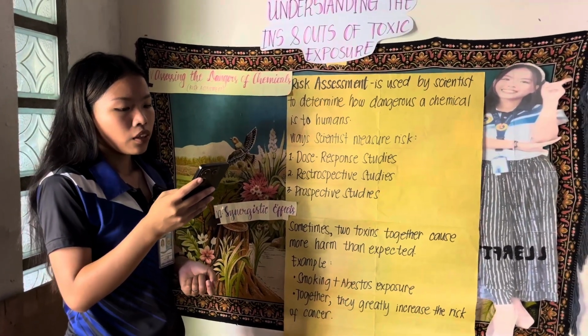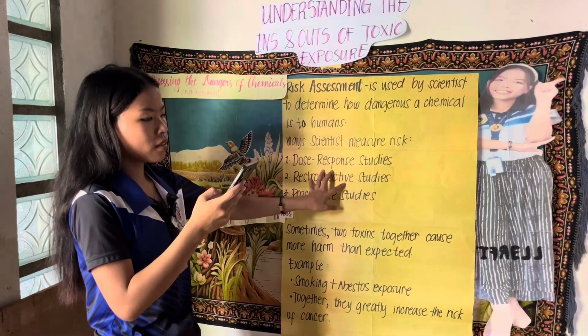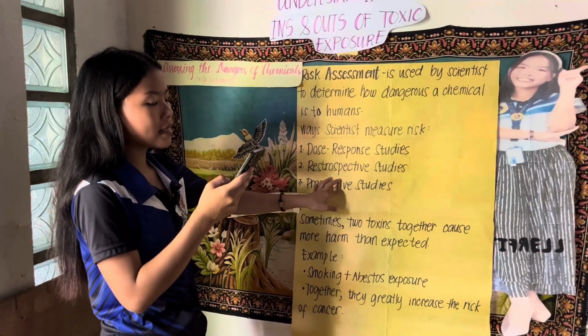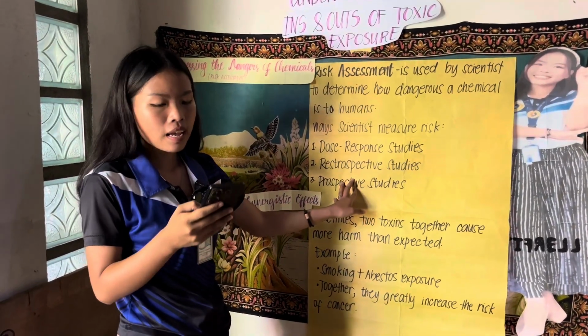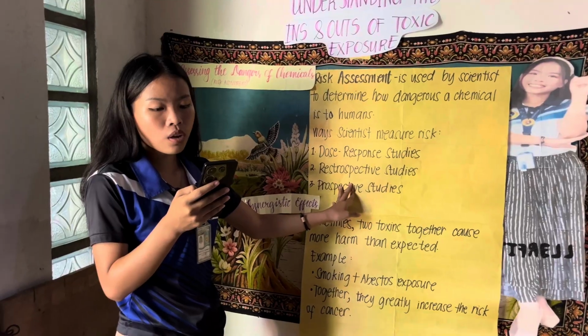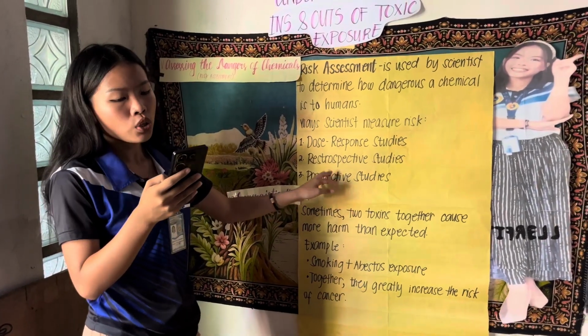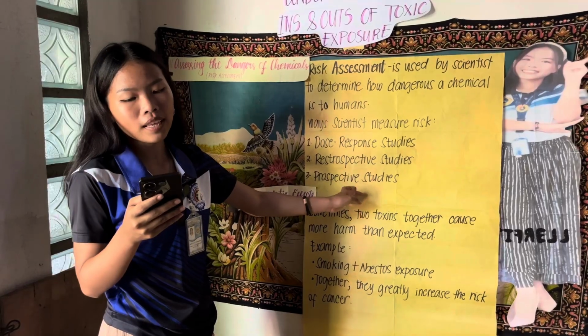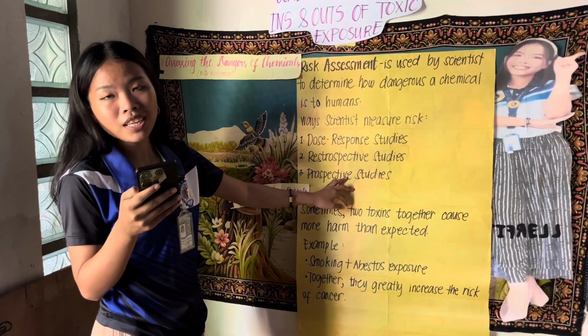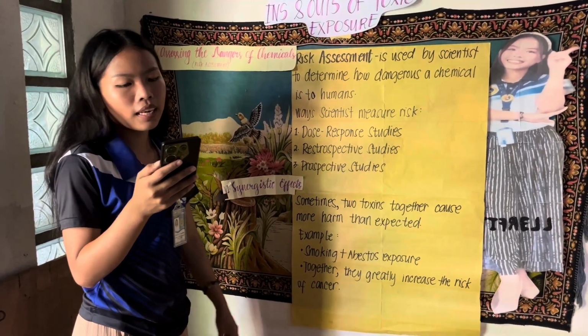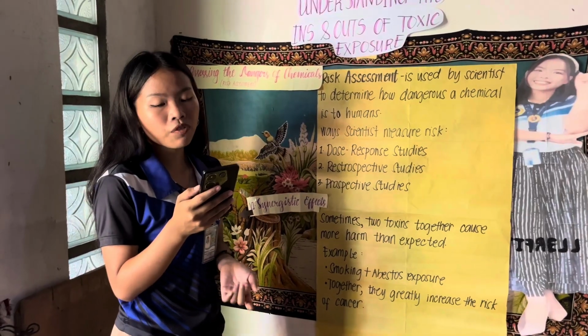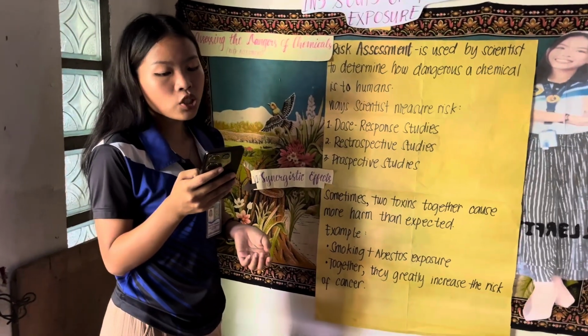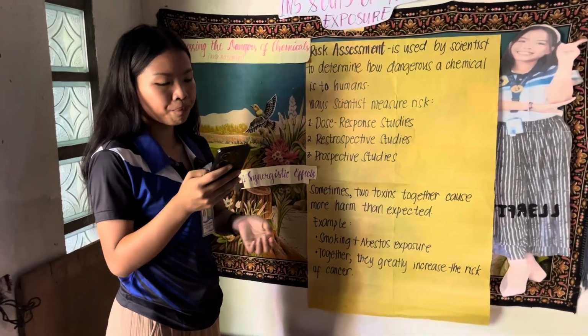And when you say dose response studies, it is to examine how different amounts or doses of a chemical affect the body. So the key idea is small doses may cause little or no effect, and higher doses cause more serious effects. For example, a small amount of a chemical may be safe, but large amounts can cause poisoning.